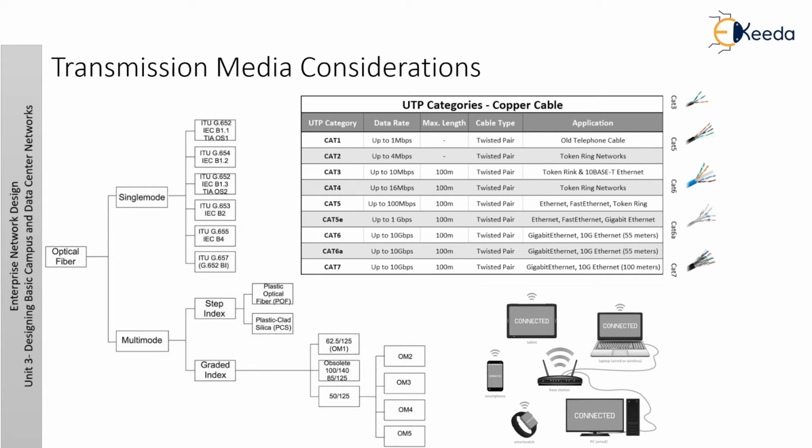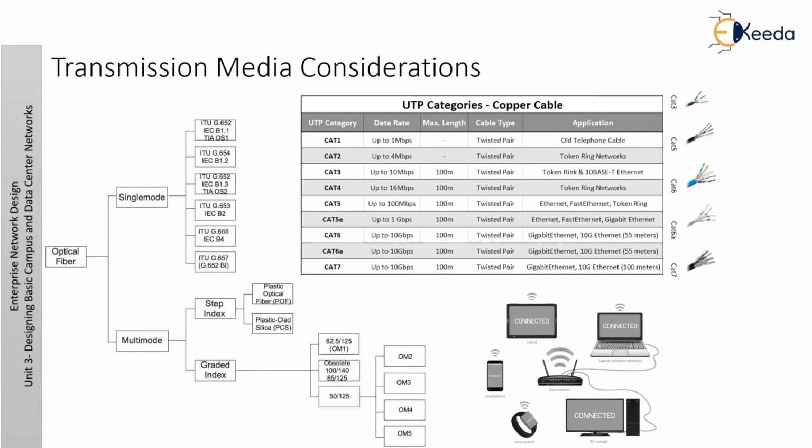The cost of medium, including installation cost and the available budget, must be considered in addition to technical characteristics such as signal attenuation and electromagnetic interference. A network designer must be aware of physical media characteristics because they influence the maximum distance permitted between devices and the network maximum transmission speed.